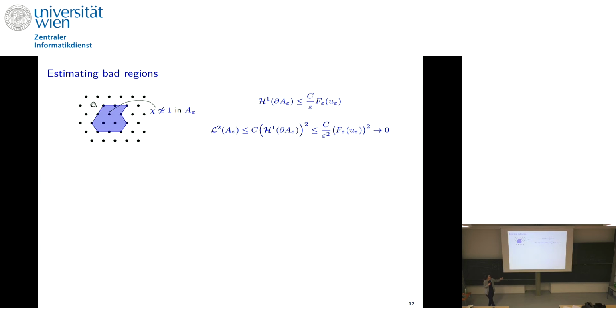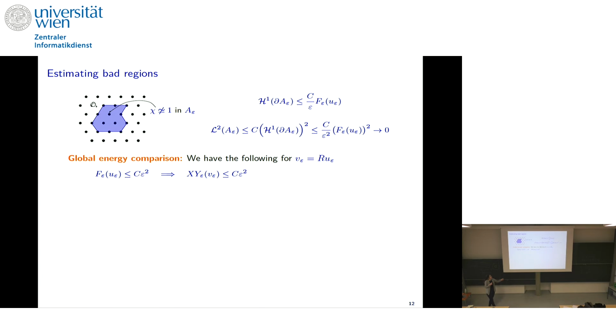So I can apply a relative isoperimetric inequality, telling me that this area is bounded by the perimeter squared, in dimension 2. Now this comes with the square. So I get by the above estimate that this goes like the energy squared divided by epsilon squared. At least this goes to 0, because I'm assuming that my energy is way smaller than epsilon. So it's asymptotically smaller than epsilon. Okay, this goes to 0.